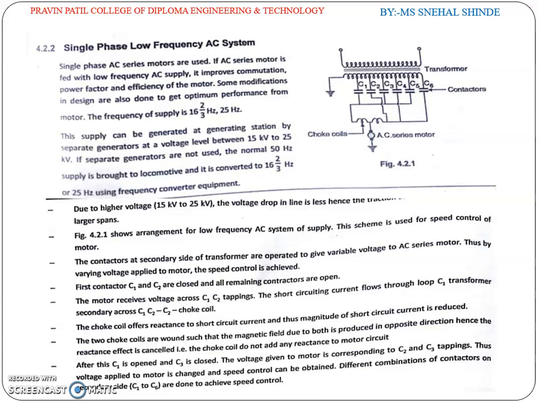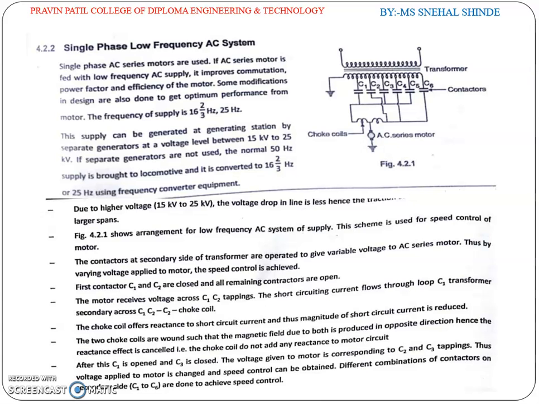This supply can be generated at the generating station by separate generators at a voltage level between 15 kilovolt to 25 kilovolt. If separate generators are not used, the normal 50 Hz supply is brought to the locomotive and it is converted to 16 2/3 Hz or 25 Hz using the frequency converter equipment.